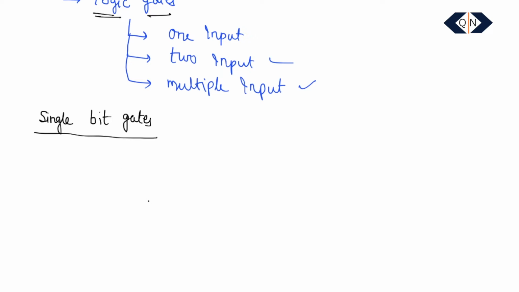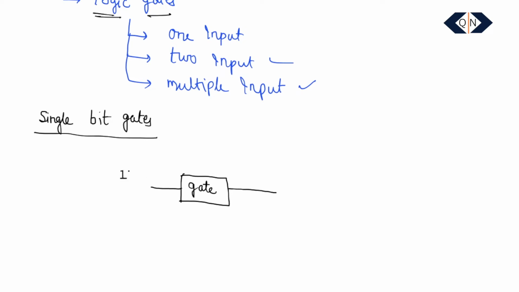So let's look at how this single bit gate looks. See, this is one input. Suppose this is our gate. Now we have one output.